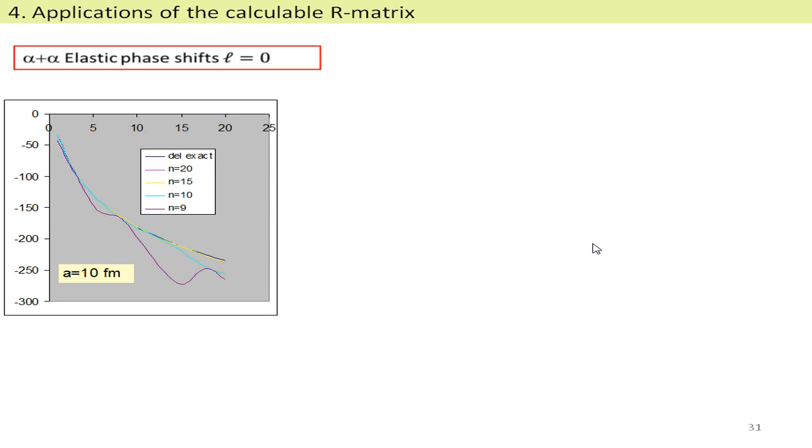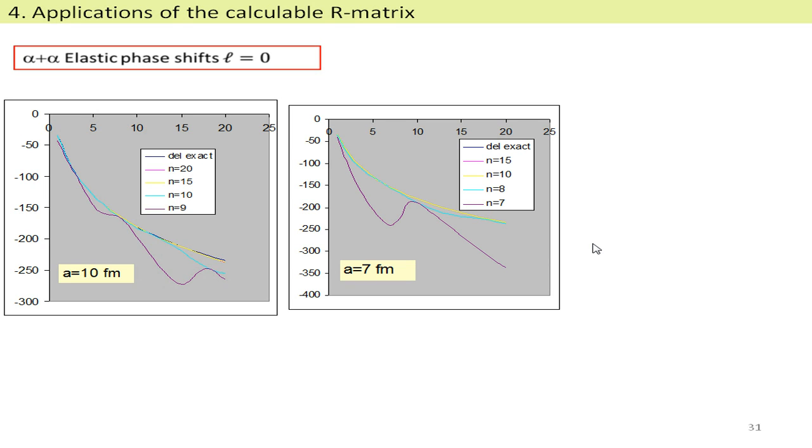And with 9 basis functions, then you see that the R matrix result is strongly different from the reference calculation. And this is due to the fact that your basis functions are not enough to reproduce the internal behavior. So let's decrease the R matrix channel radius.